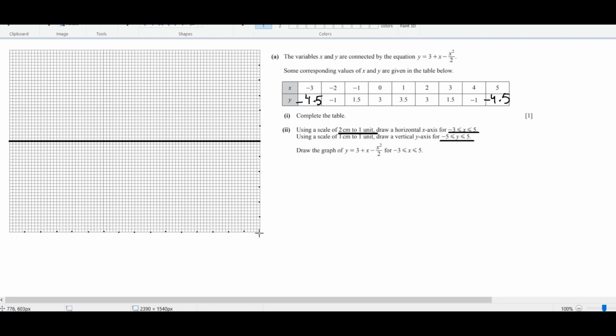So if I write 5 here, using these points as reference, this should be 4, 3, 2, 1, 0. And because this is 0, I'm just trying to count for the other 3 points, because our x-axis is going up to -3. So if this is 0, this has to be 1, 2, and 3. Yeah, so we are done.